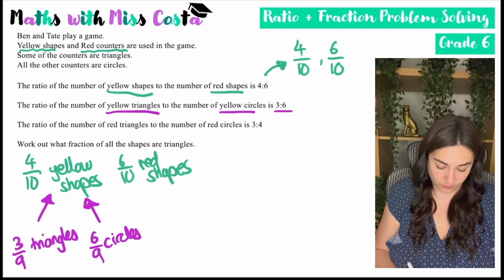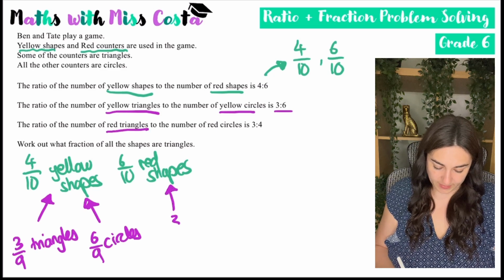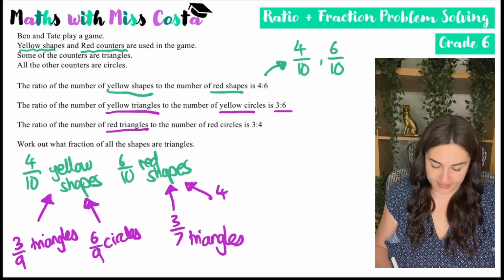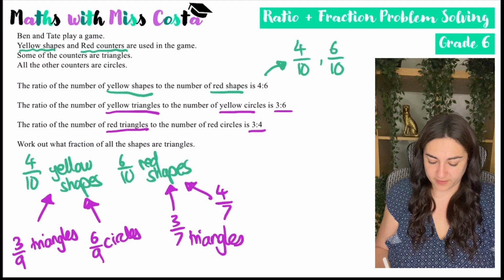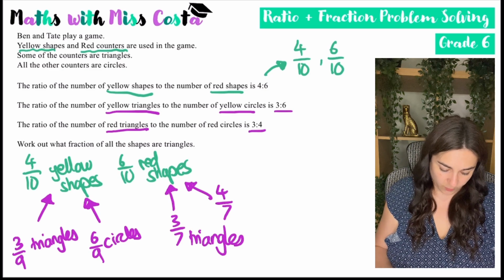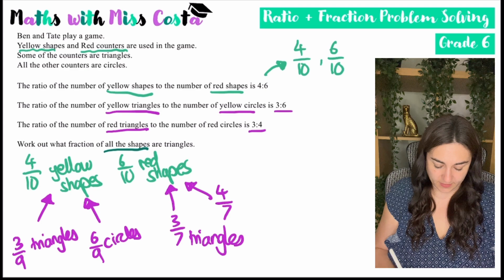And for the red shapes, I know that the number of red triangles is 3/7 and red circles is 4/7. All I've done is I've turned these ratios into fractions. I need to work out what fraction of all the shapes are triangles.